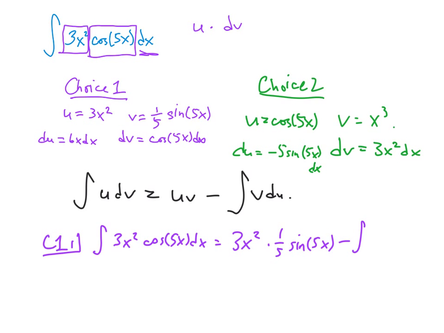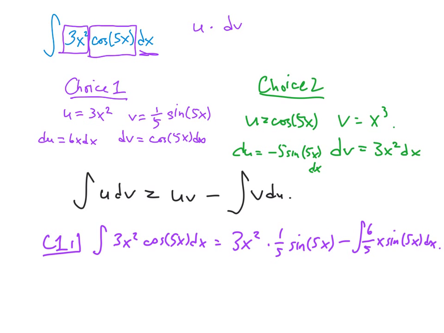That would be 1/5 sine 5x. I'm just going to do a little bit of consolidating here. Minus 6/5 x sine 5x dx. Okay, so that's a little bit better. It's not a ton better, but it's a little bit better because now I have just a constant times x times sine of 5x there. And one more integration by parts will take care of that.